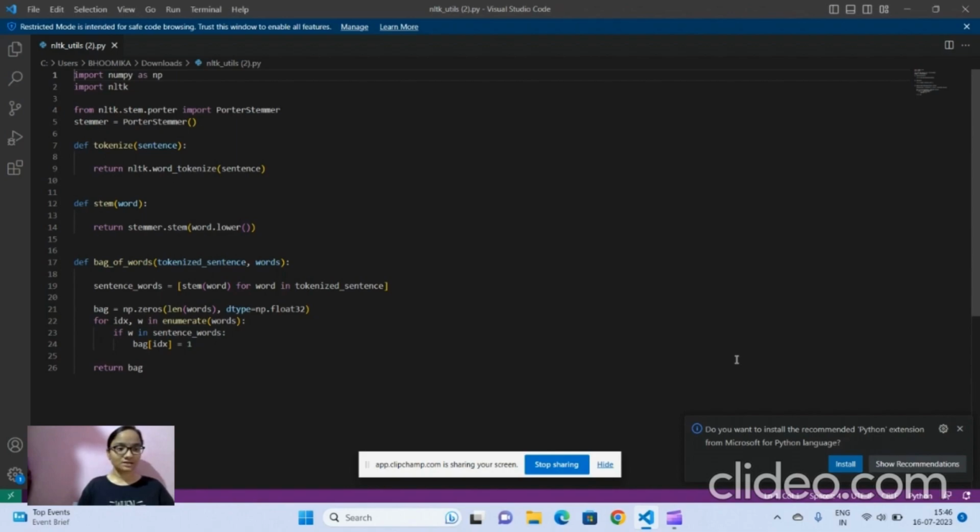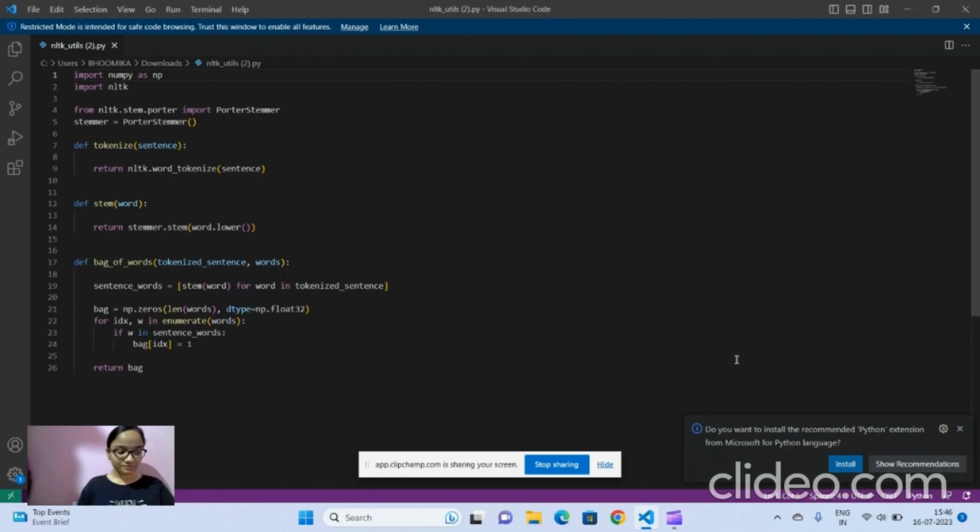Now let us talk about the next function, which is the bag of words. We can observe the bag of words function here. In the bag of words, 0 means the word is not present and 1 means the word is present.